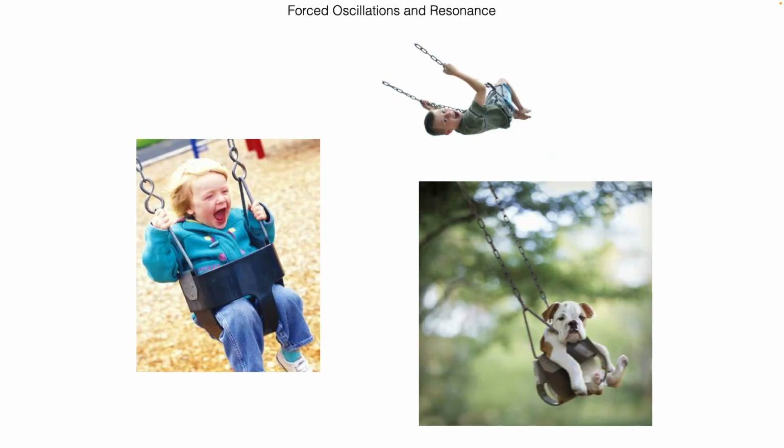Do this as part of your homework when you go out to have your emotional catharsis on the swing. Get on the swing, you know how to swing. And then, once you're swinging, maybe not at full amplitude, but somewhere in the middle, start pumping at random times. You're supposed to pump when you're back here, but try it at the bottom.